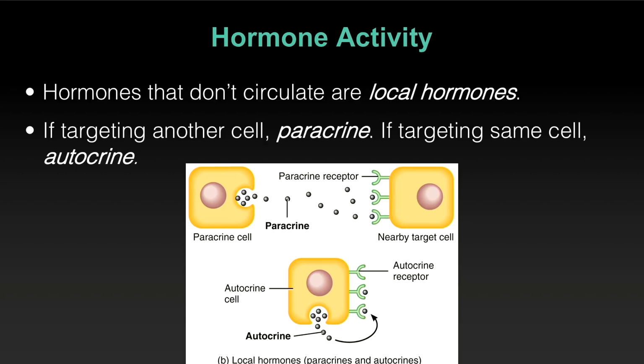The same things need to be present for this to work. You need release of hormone. You need receptors of the appropriate size and abundance. Blood flow is less of a concern, but you certainly need diffusion to the target tissue. But it's less of a roadblock here than it is with the circulating hormone example that we just saw.